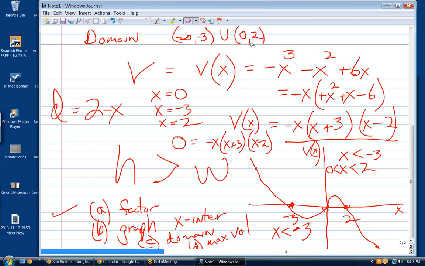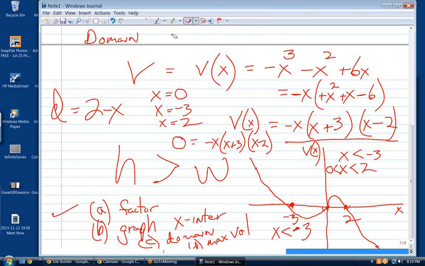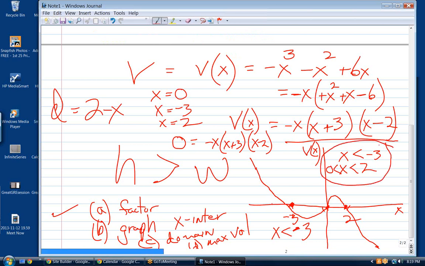Well, let's not write it like that then. Let's write it like we did the first time, right here. X has to be less than minus 3, or X can be between 0 and 2. And you see from the chart why that has to be, right? Can't have negative. The horizontal axis is X. The vertical axis is the volume of this CD container.